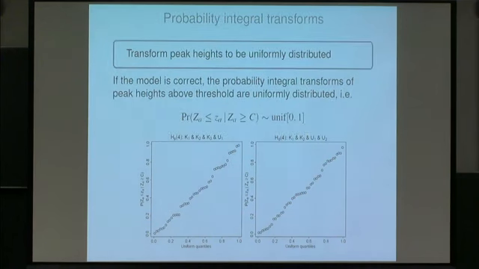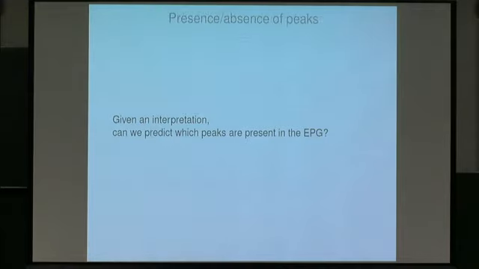So this only looks at whether I captured the actual height of the peaks that I see in the EPG. Of course that doesn't prove that I'm good, because what about all the peaks I didn't see? Can I correctly predict what peaks I actually see in the EPG?